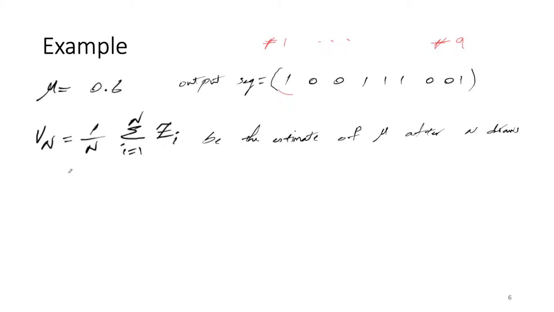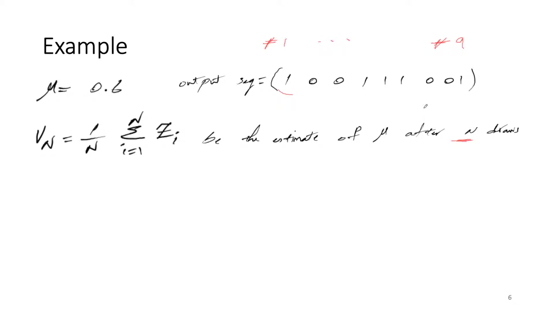And we define this to be the estimate of the mu after n draws, right? So we had this for one draw. If we have it for n draws, we can define v of n as 1 over n, the summation of i from 1 to n, z i for n draws.